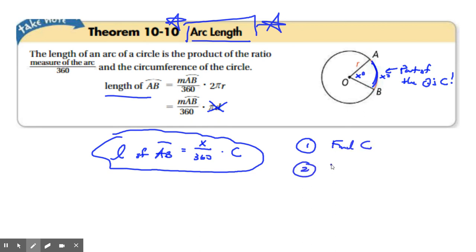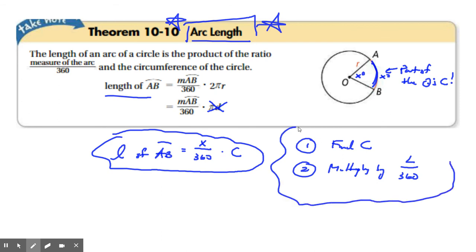And then the second thing is multiply by the angle out of 360. That's easy. You can follow those two steps, right? Find the circumference and then multiply it by its percentage, by the portion of the circumference that you want, which is determined by the central angle.